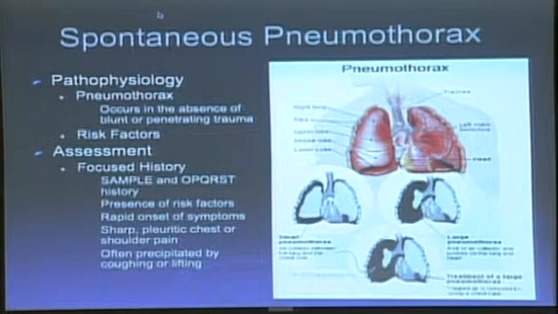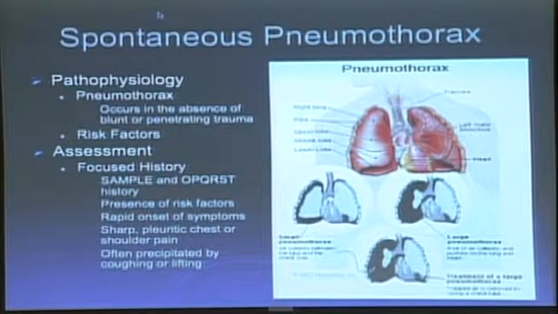A spontaneous pneumothorax is painful. The symptoms are sharp pleuritic chest pain, often shoulder pain, particularly if it's a lower bleb near the diaphragm. Often preceded by coughing or lifting maneuvers. This is not a traumatic one.